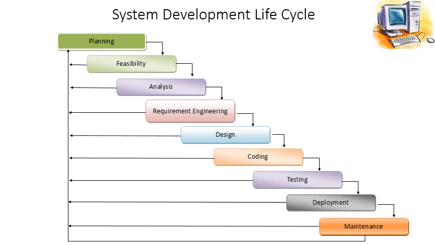Once the project goes through all these steps till the maintenance phase, it moves again to the planning phase, because maintaining software includes updating the software, removing any bugs, exceptions or errors from it, or adding some new features to it. That also requires some kind of planning and feasibility analysis.